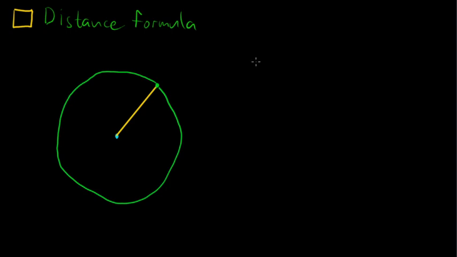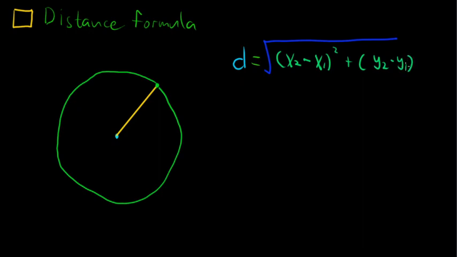You have to recall that the distance formula is denoted as d, which is the distance, equal the square root of the sum of the squares of x sub 2 minus x sub 1 and y sub 2 minus y sub 1.